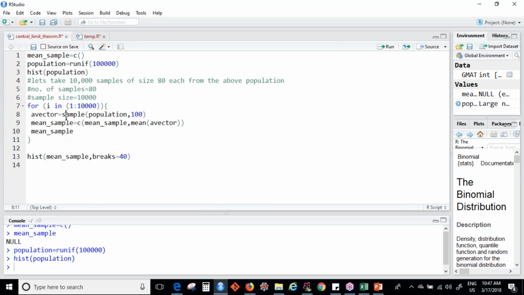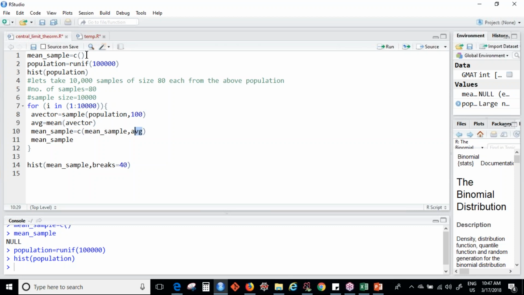After taking the sample, I am trying to find the average of it. Let me do it in smaller steps so that it is easier for you. AVG is nothing but the mean of my sample. Next, I am merging my AVG into that empty vector that I had created.